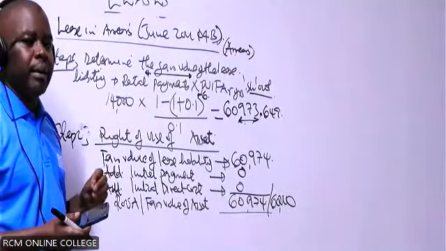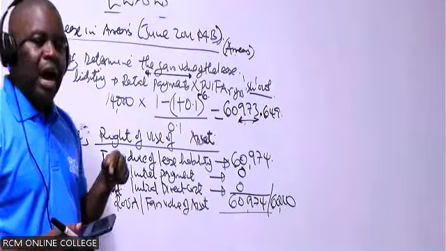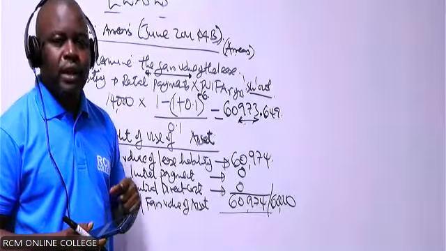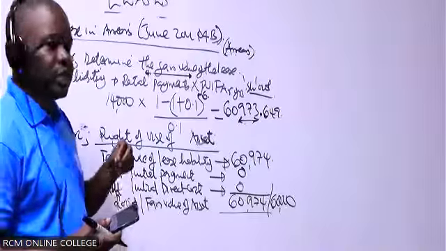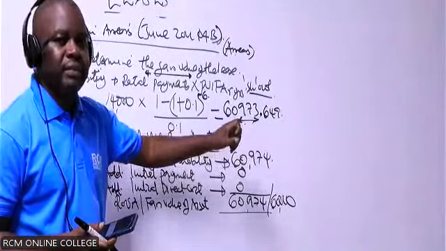I told you when you hear the term fair value, we are simply talking about today. How much can we value this asset or liability? Today when you are commencing this lease, we can value this liability, or these rental payments in totality, at 60,973,000.